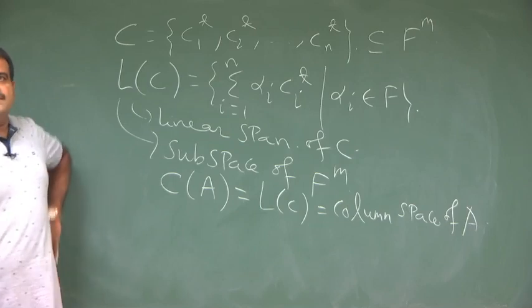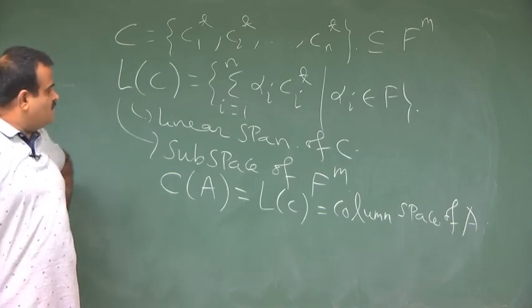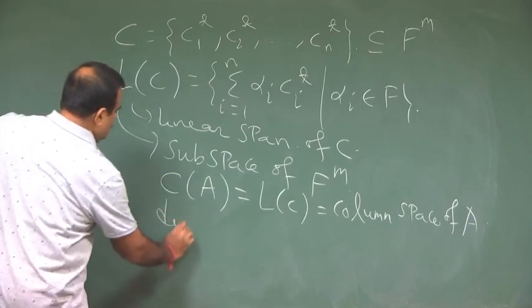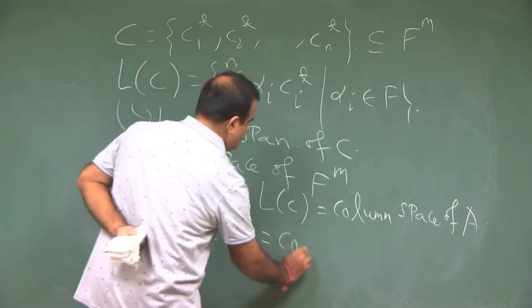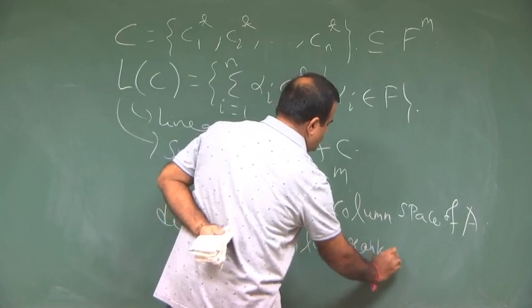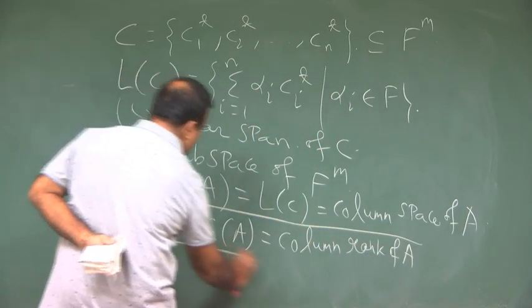Dimension is the number of elements in the basis. So, dimension of C of A is called the column rank of A. This is the definition of the column rank.